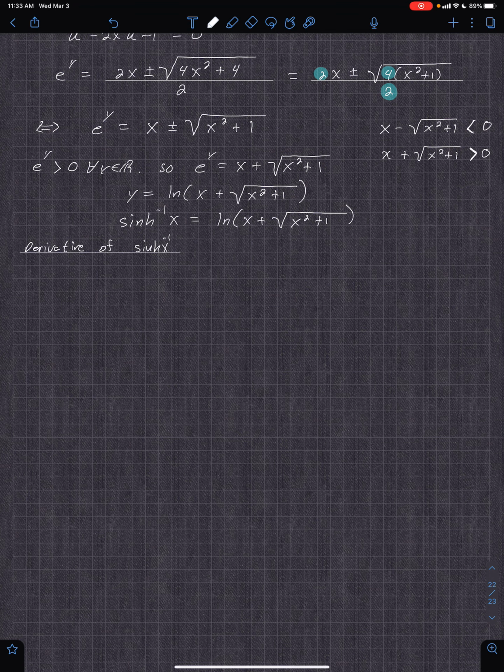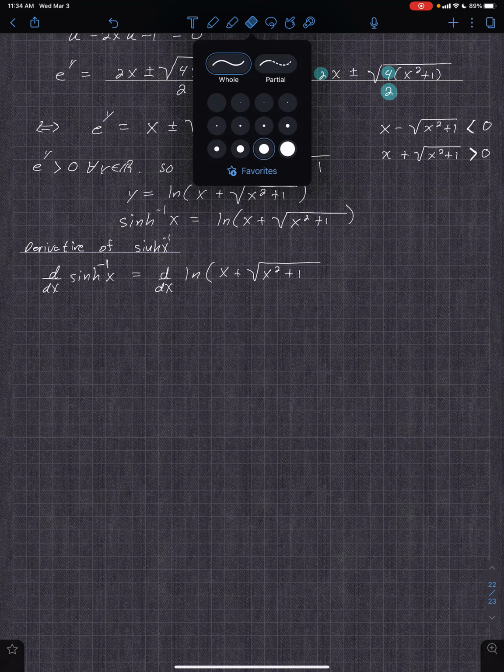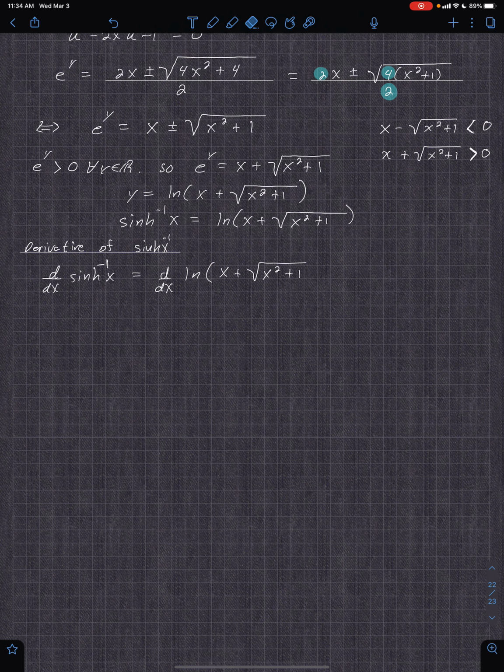So we're just going to work it out. So d/dx of sinh inverse x is equal to d/dx of the natural log of all of that. So it's x plus the square root of x squared plus 1.